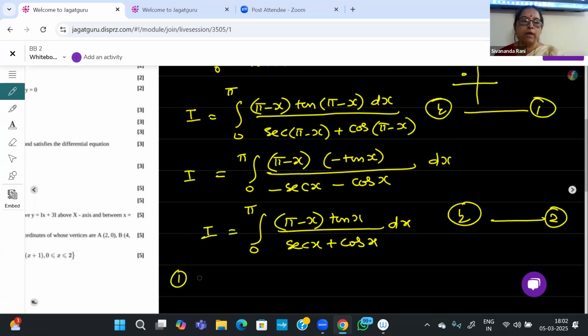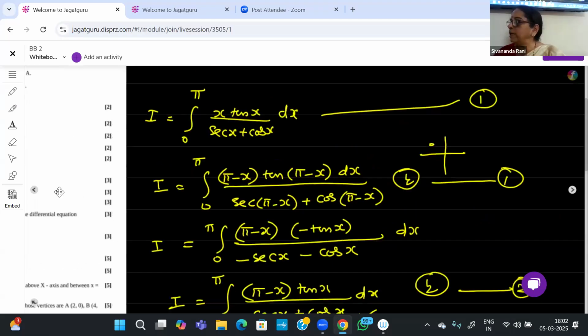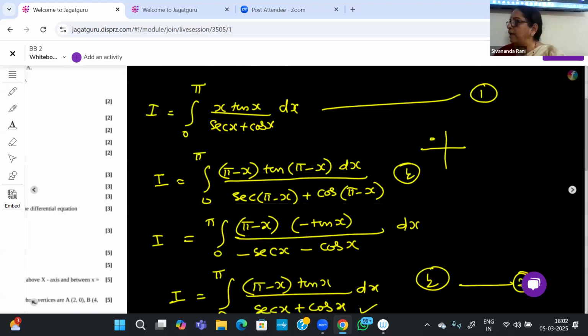you add 1 and 2. If you add 1 and 2, you get 2I. And in the numerator, the denominator being same, my attempt is to add the numerators. So 1 and 2 are added, right?